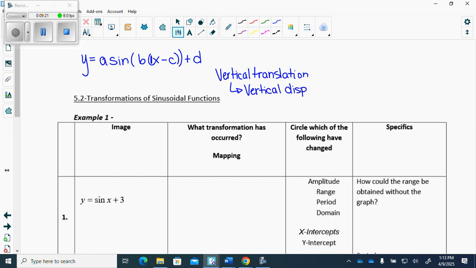Too bad, so sad. I don't mind it. And then instead of horizontal translation, for the C and the D's here, it would be great if it was horizontal displacement, because then you do the same words. It's not. It's horizontal phase shift.